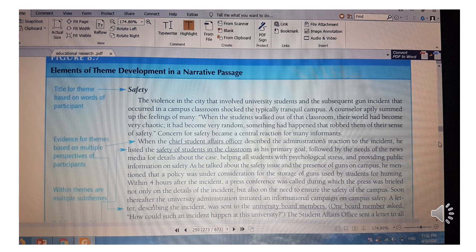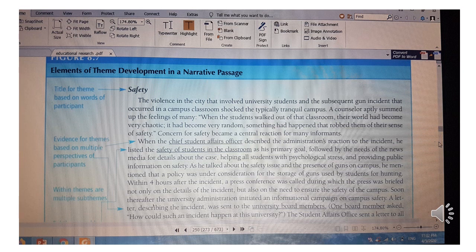Okay, because it's stated by the participant, when we read the detailed description or transcription of this passage, we can see that it talks a lot about safety or security. And then you can see below the evidence for themes based on multiple perspectives of participants. Okay, so they all react to the variable of safety.